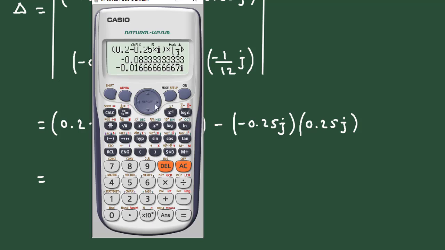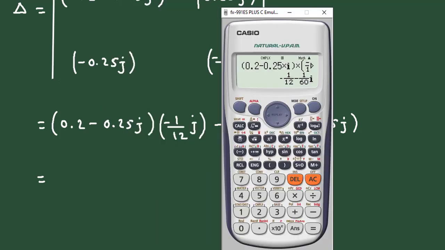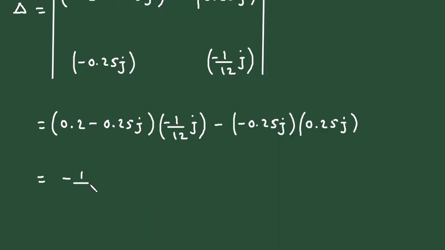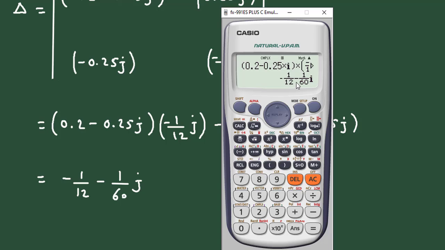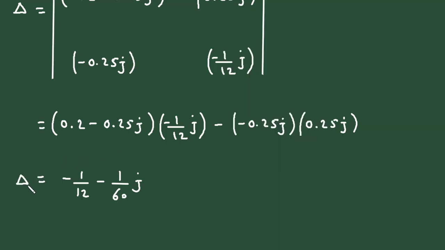So it is equal to 1 upon 12 minus 1 upon 12 minus 1 upon 60j. This is the answer for delta.